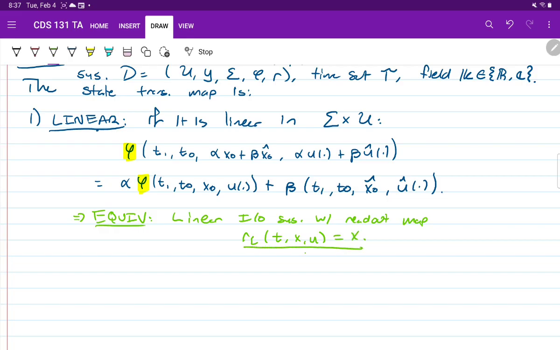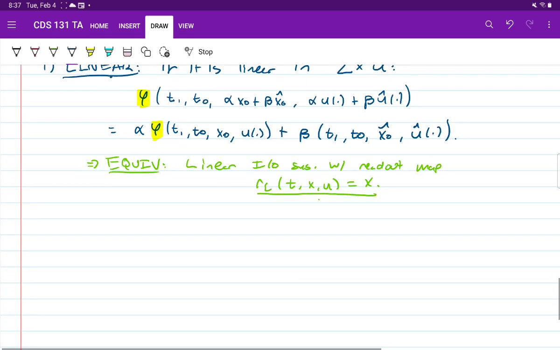So you can imagine that, alternatively, if I wanted to write this out using what we had said already, I'm just going to declare that, if we pretend that the output of our system is our full state, then it needs to be a linear input-output system, okay?